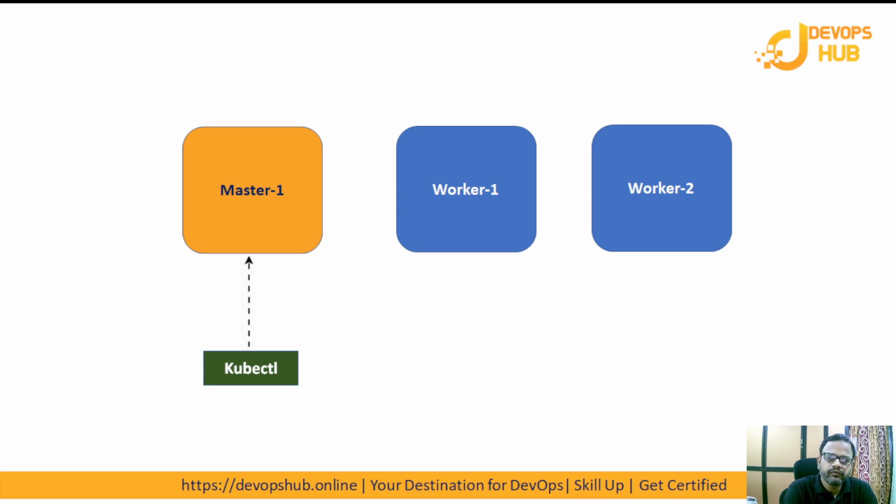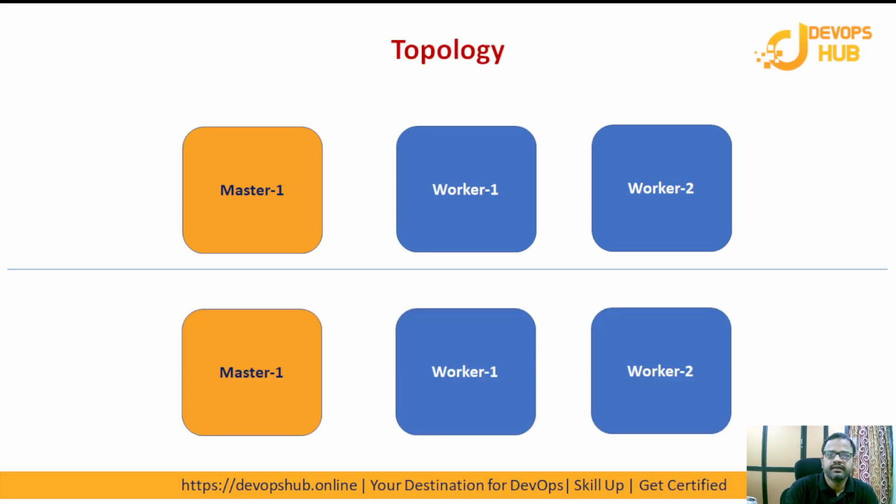So this is the format we have followed till now. Before talking about high availability, I want to quickly introduce some topology concepts. Imagine a 3-node cluster with one master and two worker nodes. In one case, we maintain etcd as a part of our control plane node.